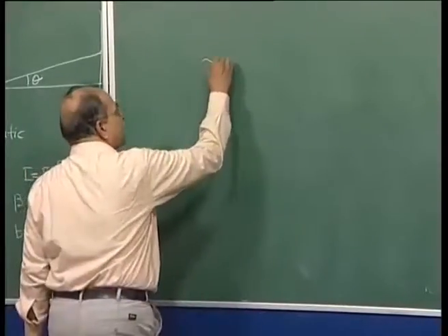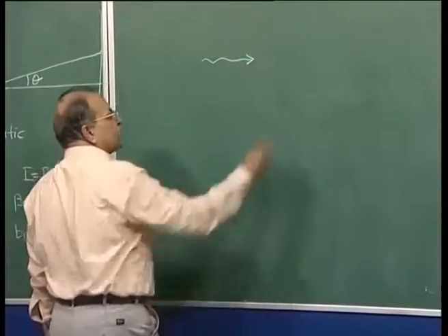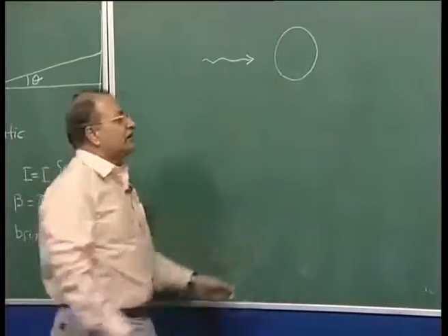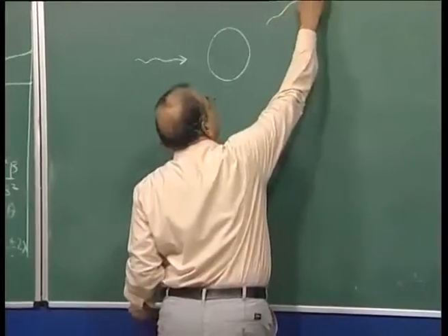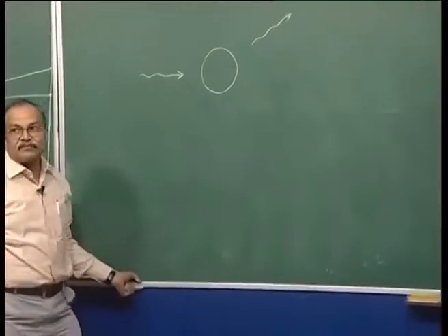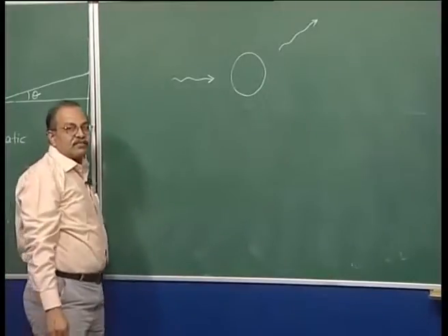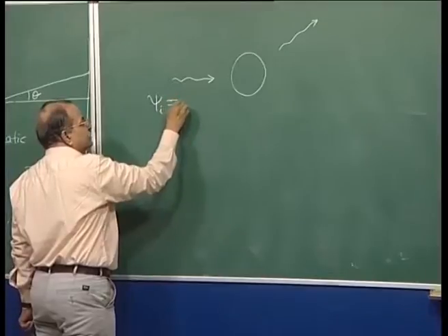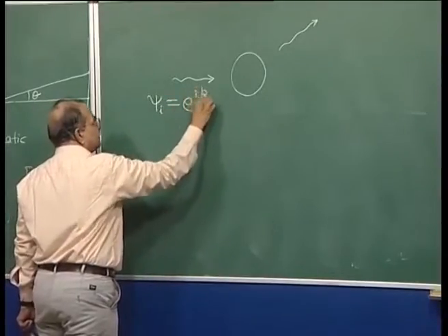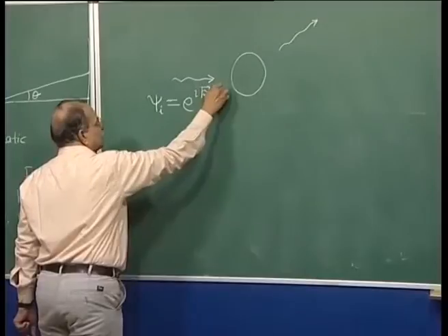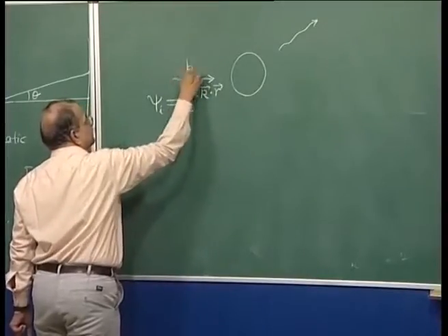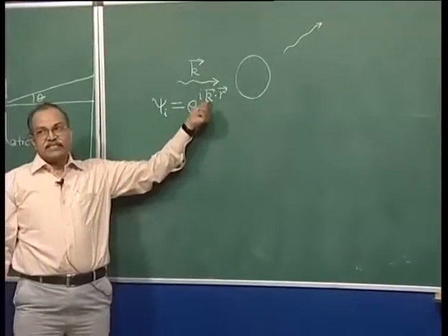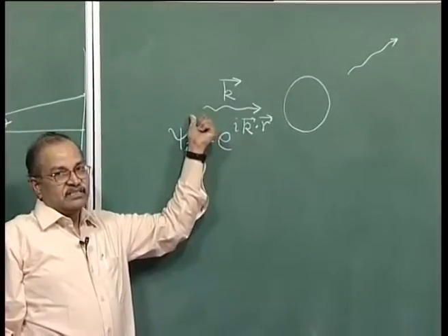So, the electron wave is going in this direction, and this is a region where it interacts with the nucleus, and then it scatters and goes in some other direction. So, if I write the wave functions, the initial wave function is something like e to the power i k dot r. k represents this direction, and the magnitude of k is related to the energy of the electron.